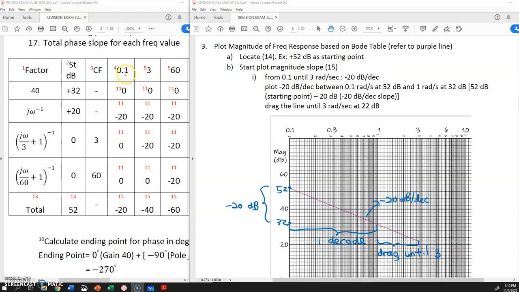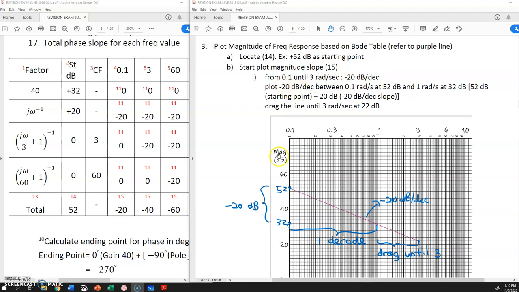From 0.1 until 3 radian per second, the slope is negative 20. So this slope, you extend or drag until 3. You have negative 20 dB per decade from 0.1 until 3 radian per second.